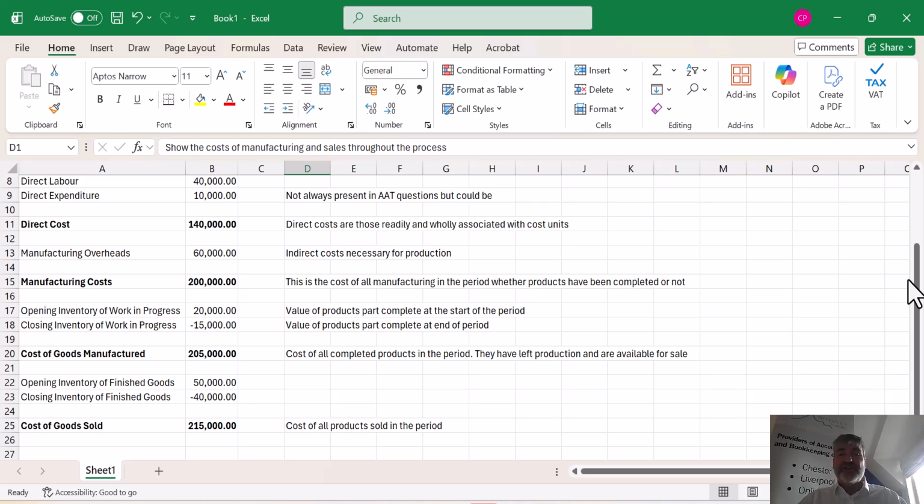The next stage is to work out the cost of what we've sold. So we take that cost of goods manufactured, we add to it the value of our opening inventory of finished goods, before finally deducting the value of the closing inventory of finished goods to arrive at the cost of sales, which can be used to calculate our profits.